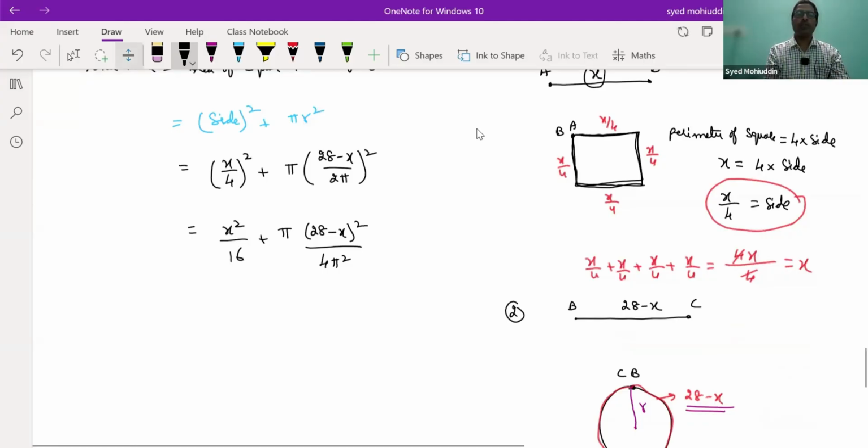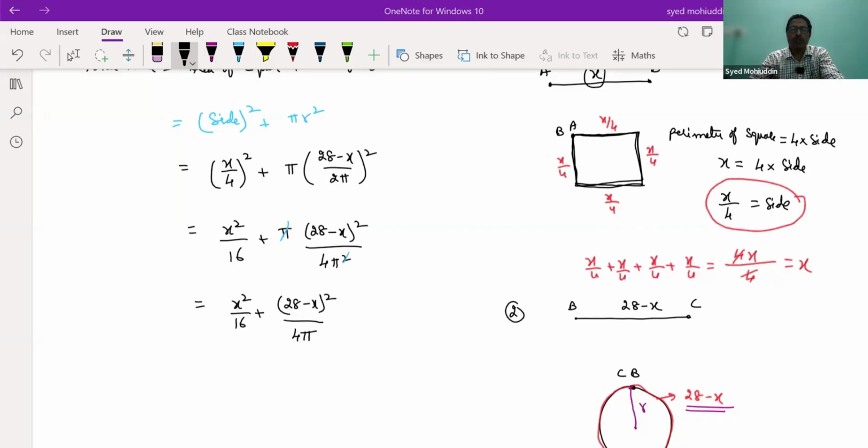If I cancel out, 1 pi will get cancelled, which will be x square by 16 plus 28 minus x whole square divided by 4 pi, as 1 pi is cancelled out.